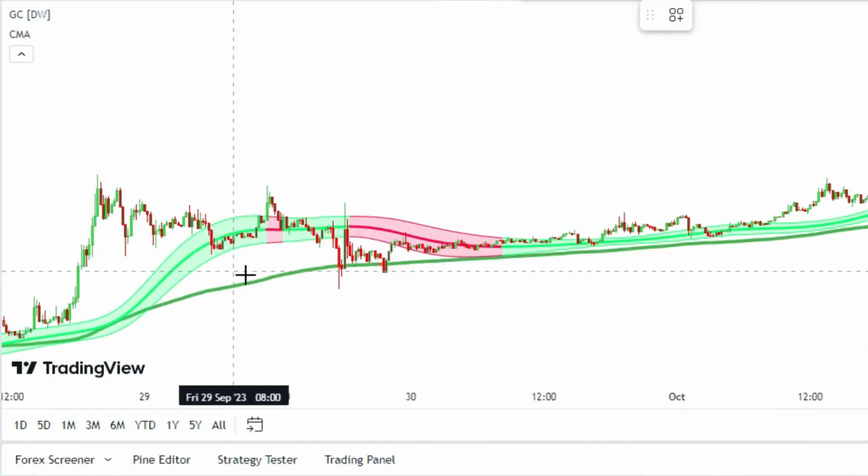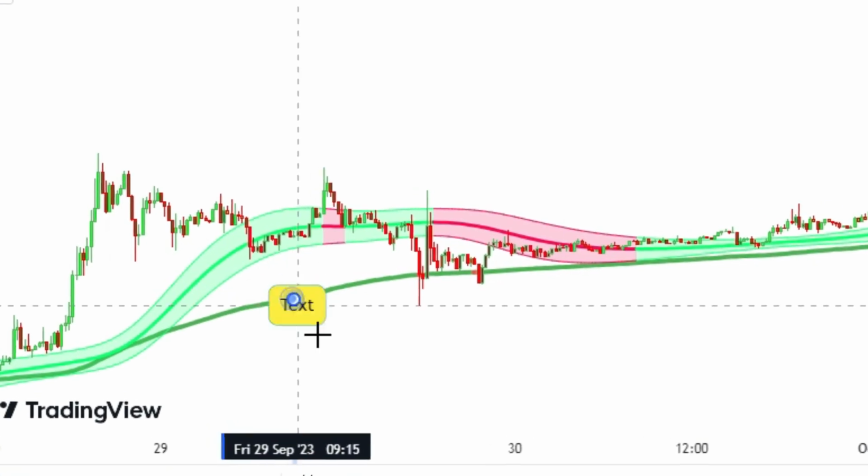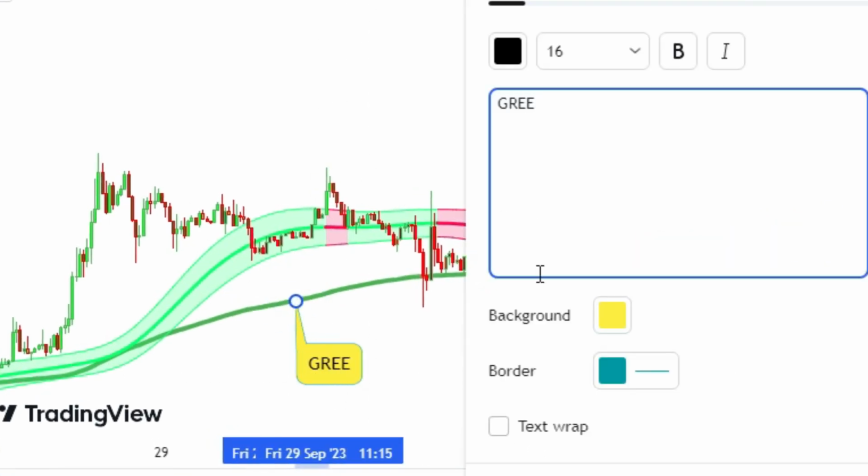Now, let's dive into how the colored moving averages indicator works. Basically, the price's location compared to the moving average and the color of the moving average are key to finding the market trend. This means that when the price is above the moving average and the moving average is green, it shows a strong uptrend.